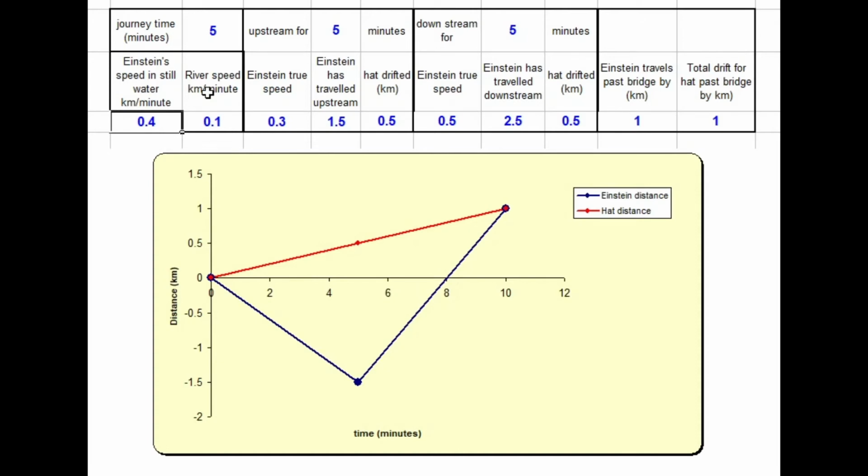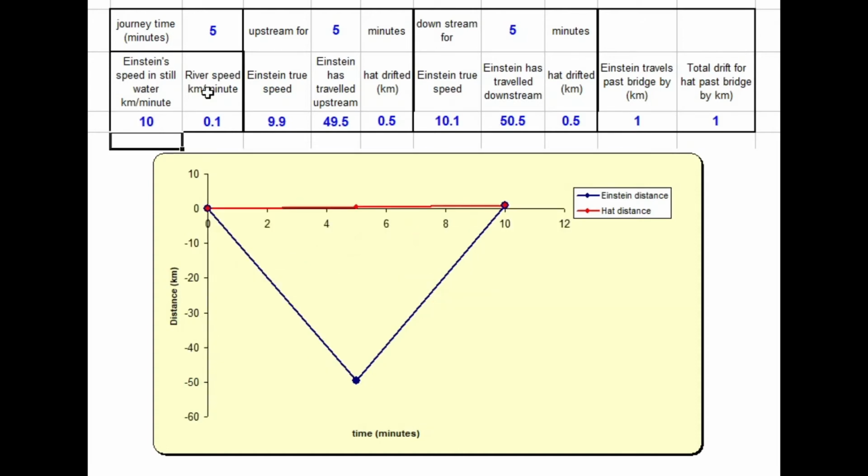But even if we made this 10, we give him sort of powerboat speed, 10 kilometers per minute, we get the graph like that. He has now gone 50 kilometers upstream and 51 downstream, but it's still 10 minutes and it's still 1 kilometer, which was really quite an interesting thought.